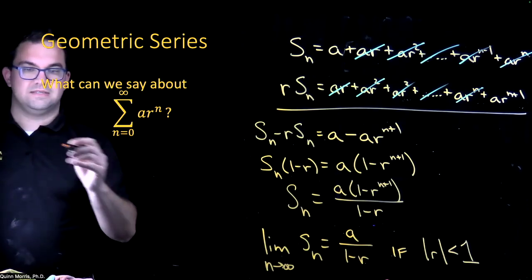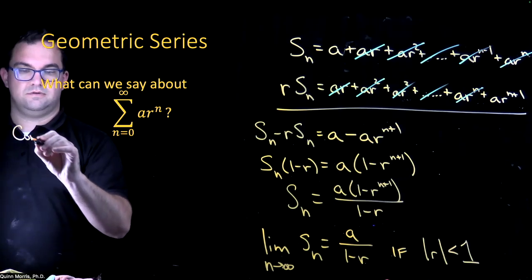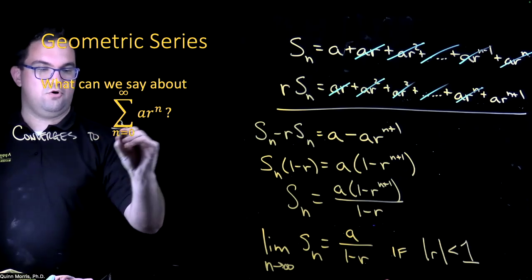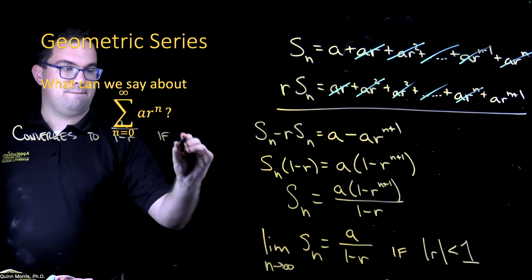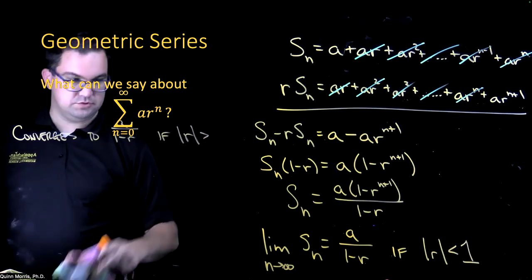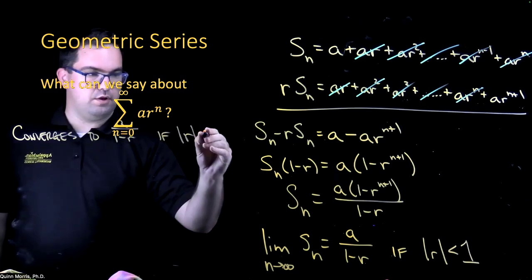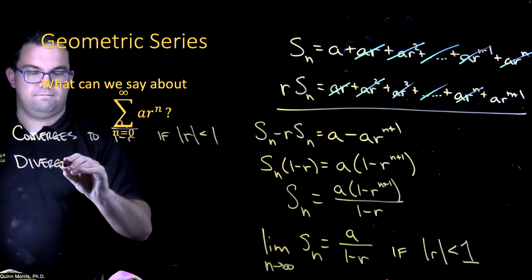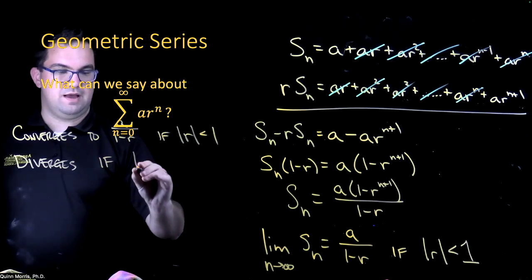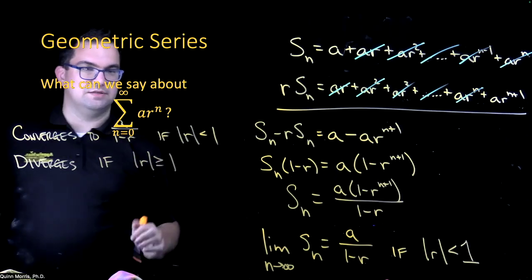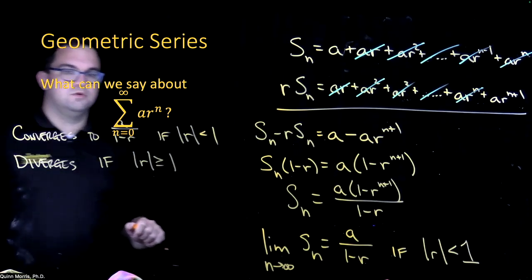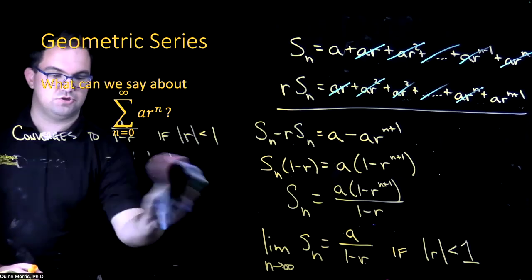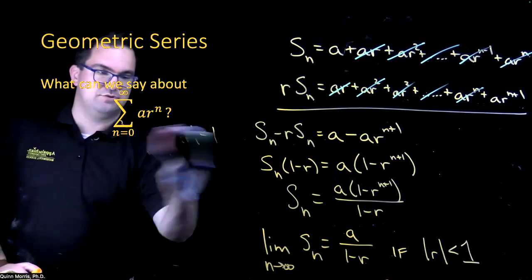So what we can say is that this converges to a over 1 minus r if the absolute value of r is less than 1, and it diverges if the absolute value of r is greater than or equal to 1. Now we know how this works for an entire class of series, in this case, the geometric series.